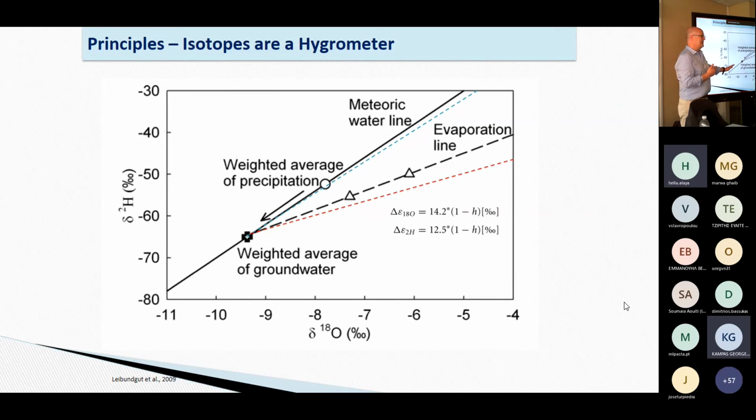So this is the normal line that we expect for precipitation. And when we have evaporation, we will actually get a U-curve, and this is the evaporation curve that you see here. The evaporation line has a lower slope. You see it here. So this happens when you evaporate water. This will be the original composition of water before you evaporate.